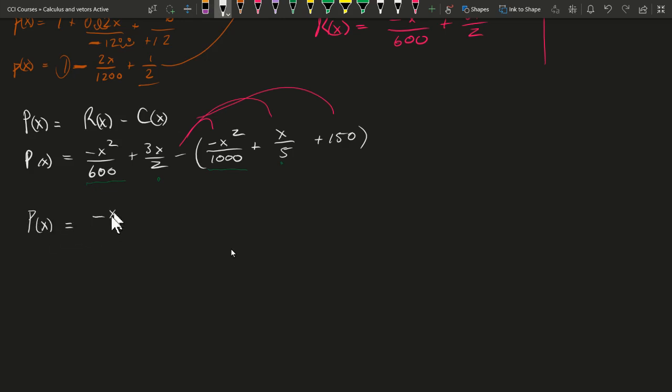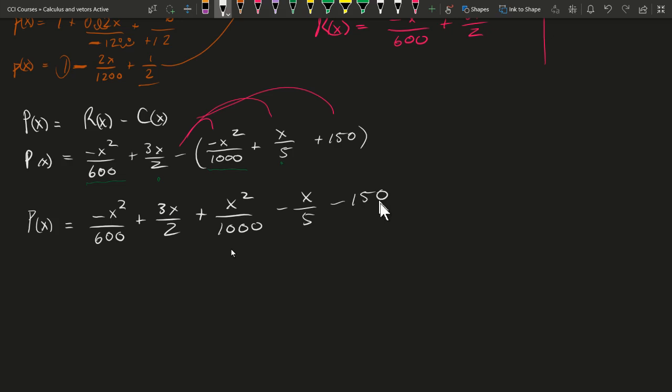I'm going to do this with a keen eye. And so that's minus x over 5 and minus 150. I think I got it.